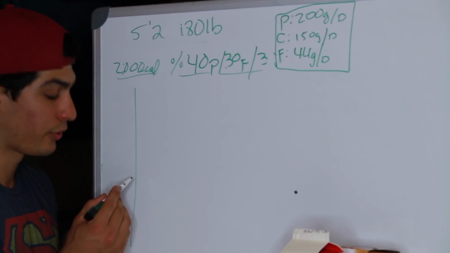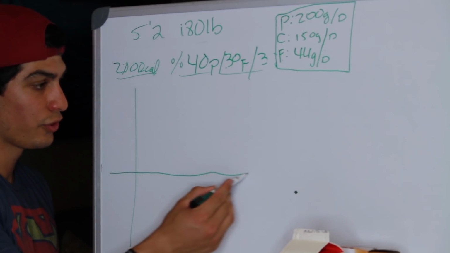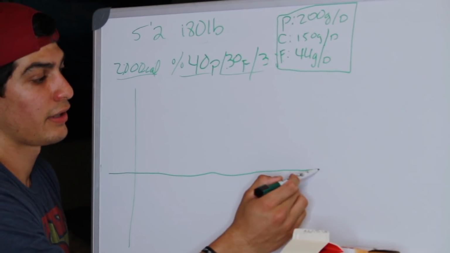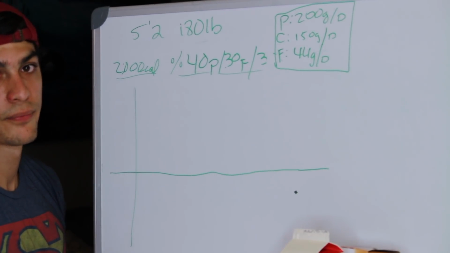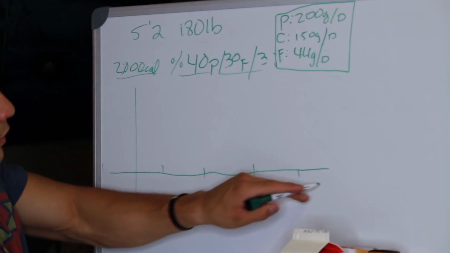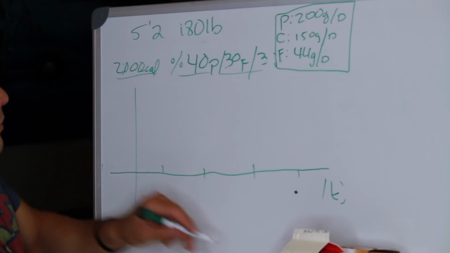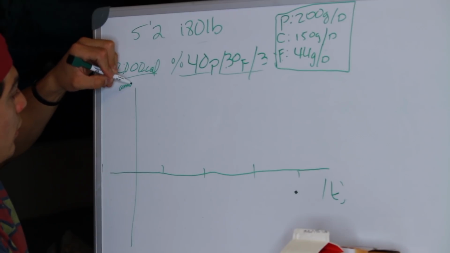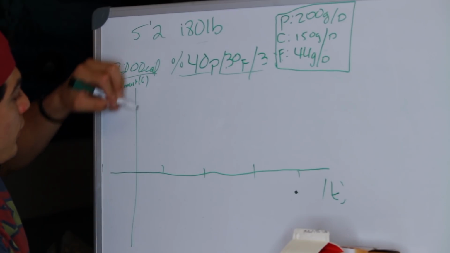Carbs. I said carbs was a little funny thing, right? So you can still be doing this as you're increasing or decreasing your calorie intake. It's called carb cycling. Okay, so just real quick, say this is days of the week. So we have our time, and we have our amount of carbs, right?